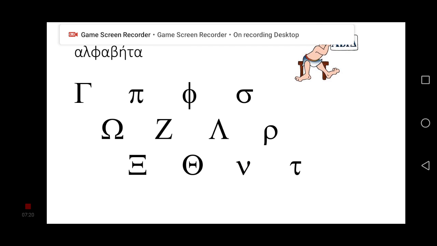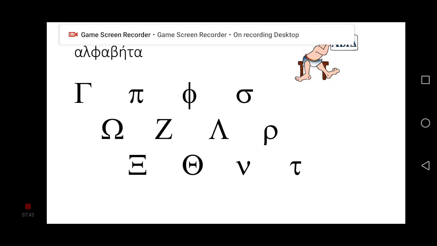Well, folks, how are you with the alphabet? So we've got some letters that you can have a little look at. Big letters, little letters. Press pause, see how you get on. Top row, gamma, big gamma. Pi, little phi, ph.